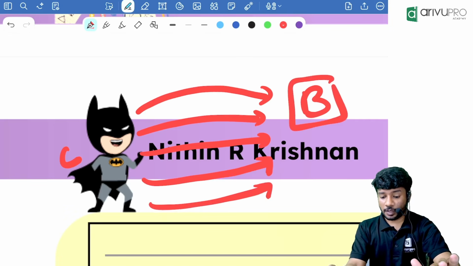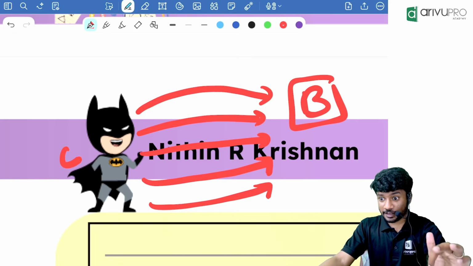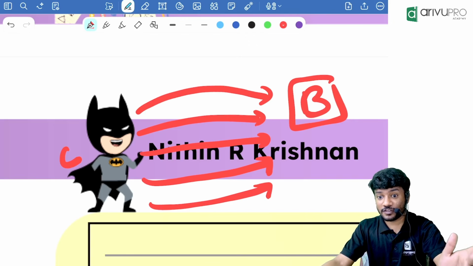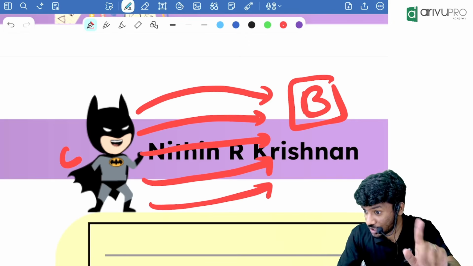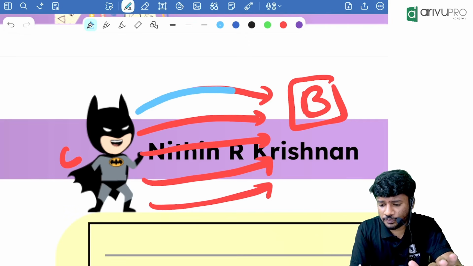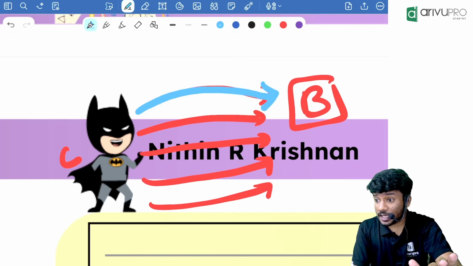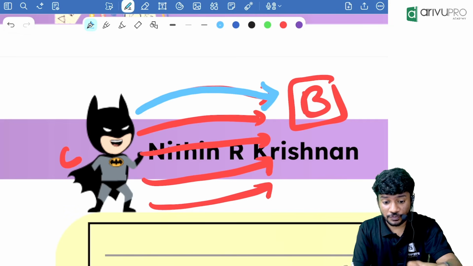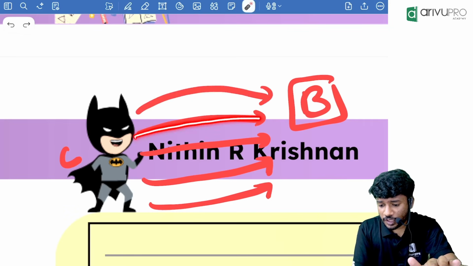Then the condition is the bad man should go there and come back. The condition is what? While coming back, he cannot take the same way which he went. That is the condition, right? Now listen, people. For example, he took the first way while going over there. While coming back, can he take the first way? No. Second case, he took the second way. While coming back, can he take the same way?